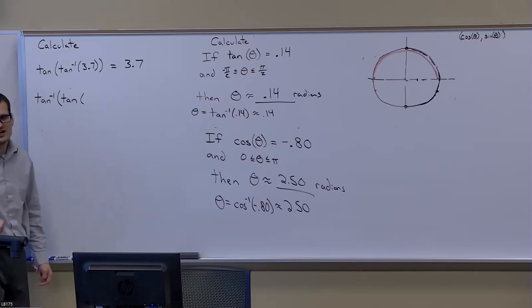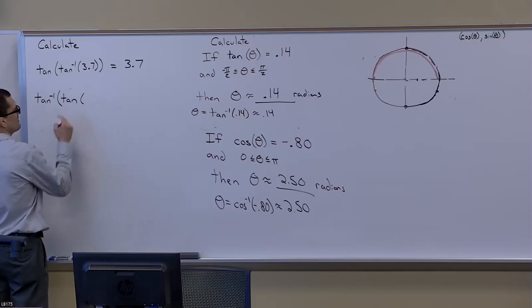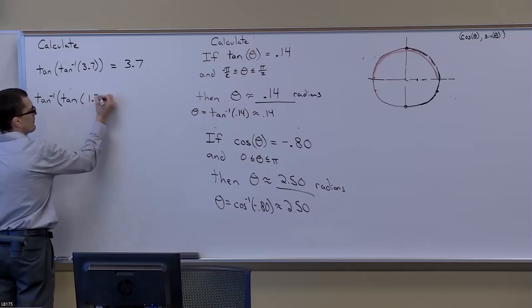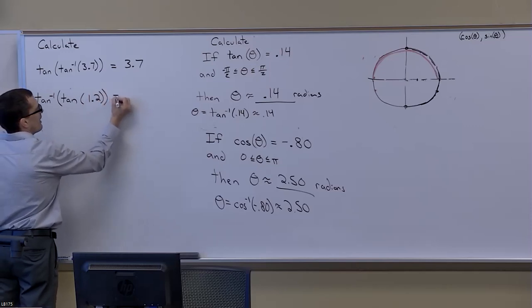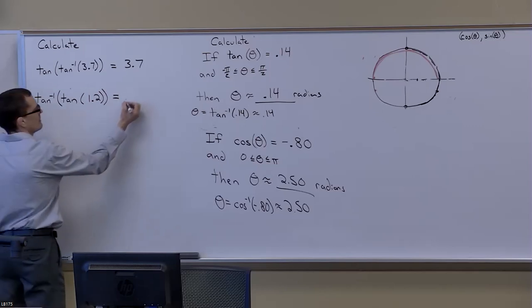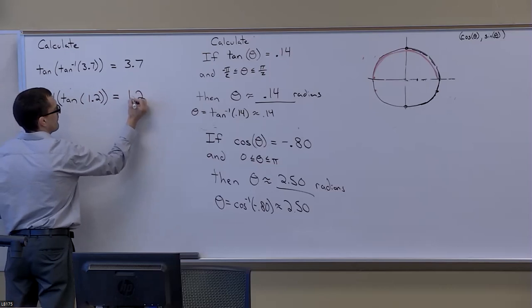All right, so let's do tangent inverse of tangent of 1.2. These are inverses, right? So you should think naturally I should get out a 1.2. And if you type it in this way, you do. You have a 1.2.